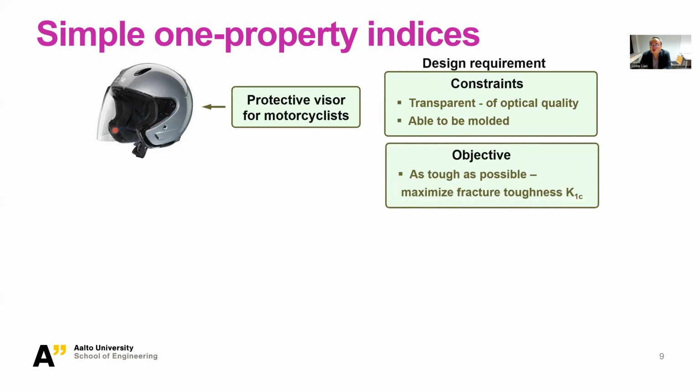The more important thing is we need to identify the objective. We could have two objectives, but first I'm going to show you the first one: as tough as possible, because it should fulfill the requirements to protect the driver or the visitor. That means we should maximize the fracture toughness, the K1C.